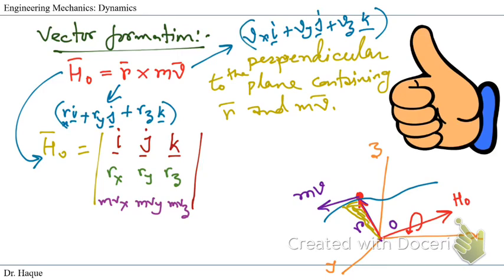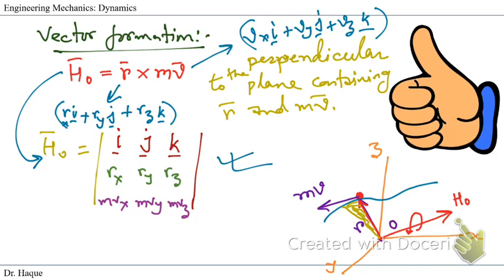And when you split r and v in these xyz components, then you can write the same angular momentum in matrix form, and it is easier to solve and apply. So that was all about angular momentum.